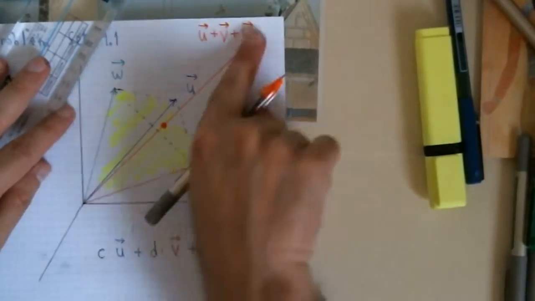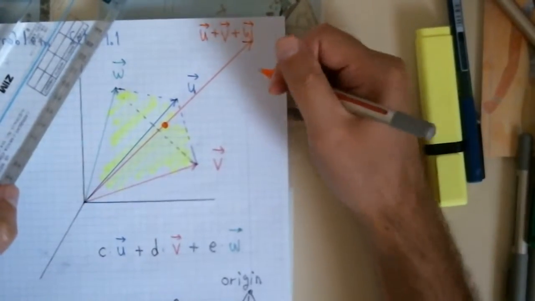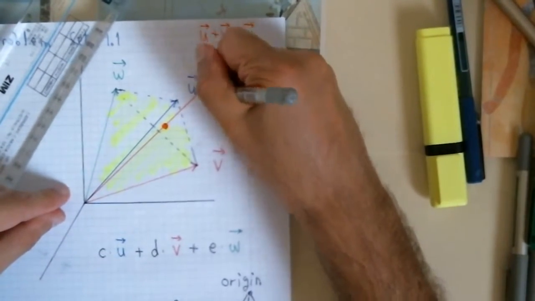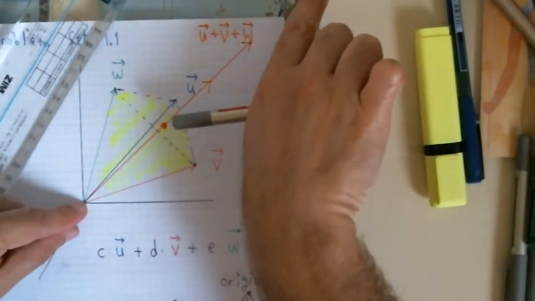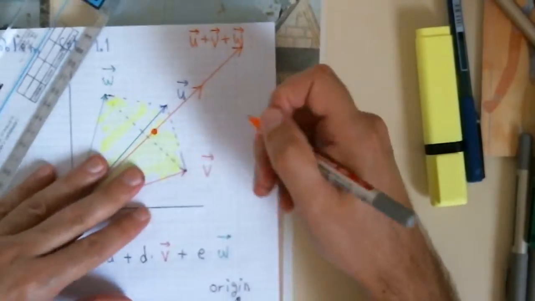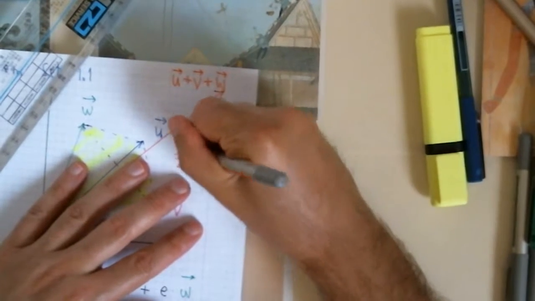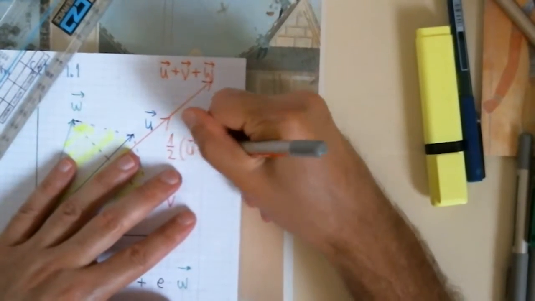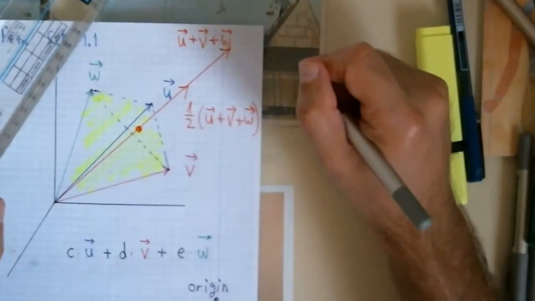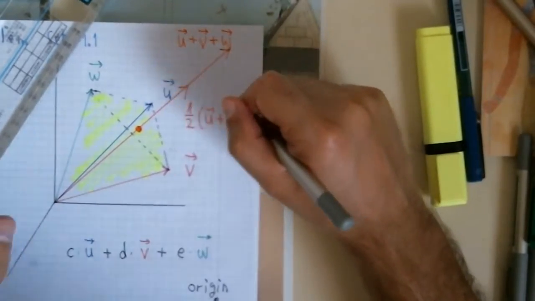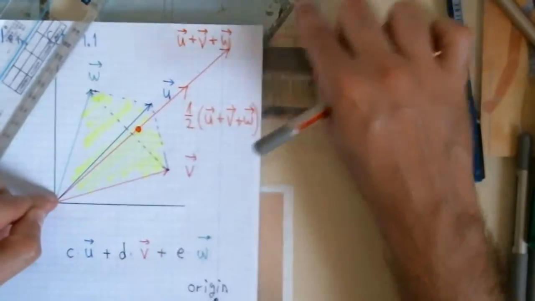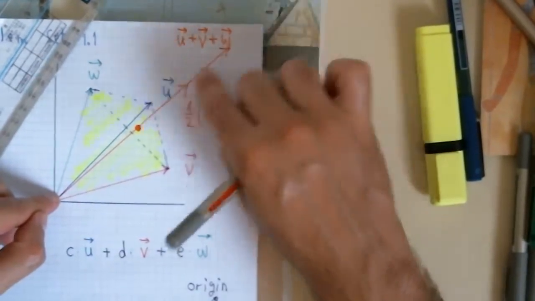But if we want a half of it, then it would be, for example, I can't really draw it, it should be longer. Then it would be half of it, and this is half of u plus v plus w. It's in the same direction, but half the length. This should be longer, and this is half of this.